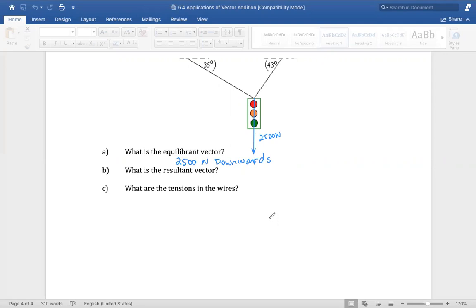What is the resultant vector? Again, we learned that the resultant vector is just the opposite of the equilibriant vector. So let's write that down. Opposite of the equilibriant force.